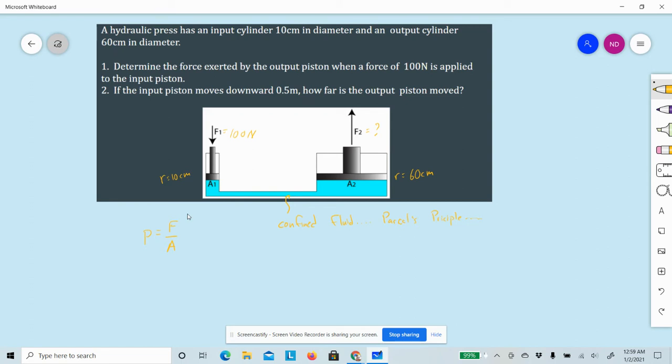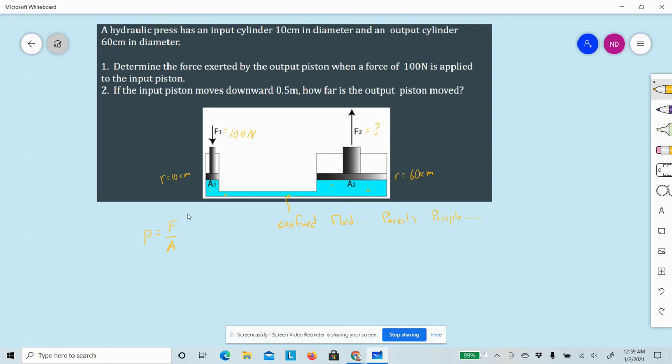Any pressure over here will be felt throughout the confined fluid. It will be felt here, here, wherever. You put a pressure anywhere in this fluid, it'll be felt throughout the fluid. So that's really important. So the pressure over here, the force per unit area over here, will be equal to the pressure over here.